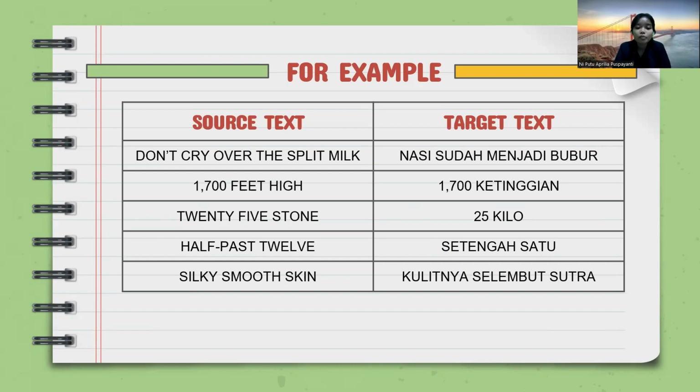Number 3 is "25 stone", and the target text is "25 kilo". Number 4 is "half past 12", and the target language is "setengah satu" or "pukul setengah satu". And the last one is "silky smooth skin", and the target text is "kulitnya selembut sutra". Okay, next.